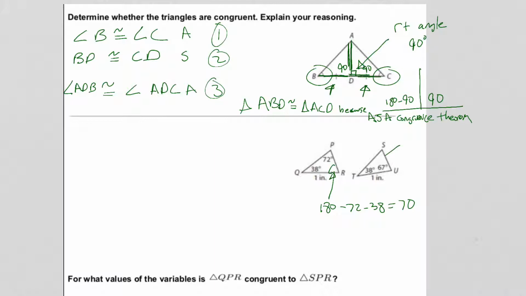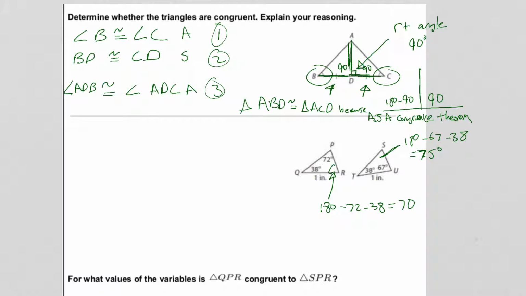And this angle here is going to be 180 minus 67 minus 38. So 180 minus 67 minus 38. That angle there is 75 degrees.